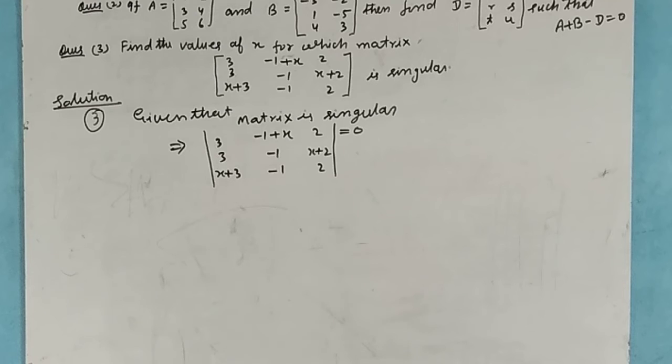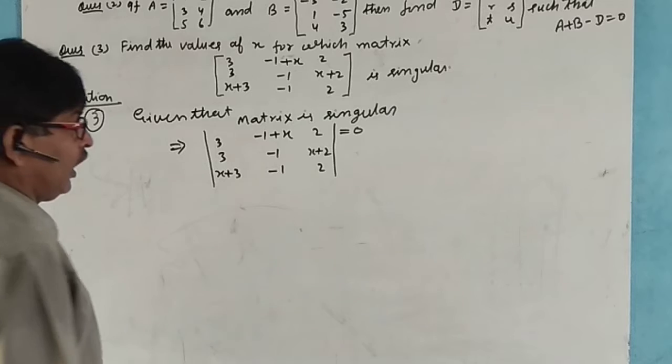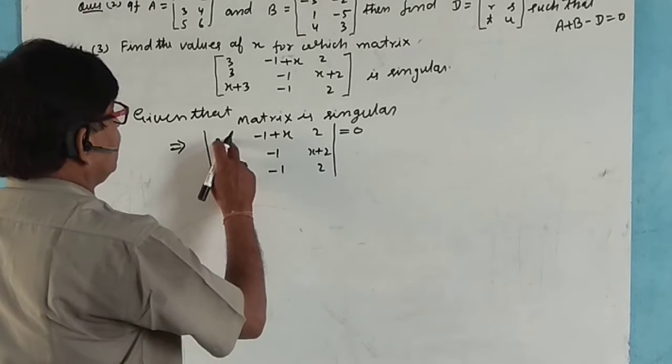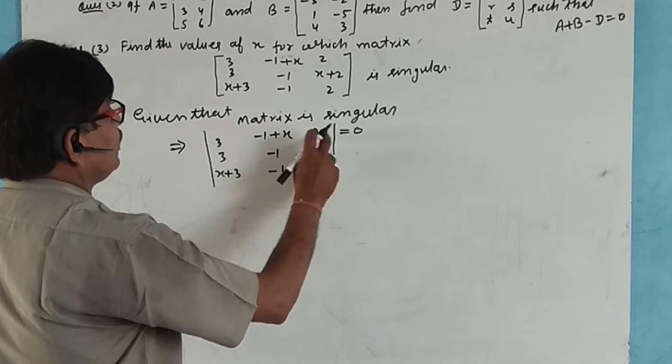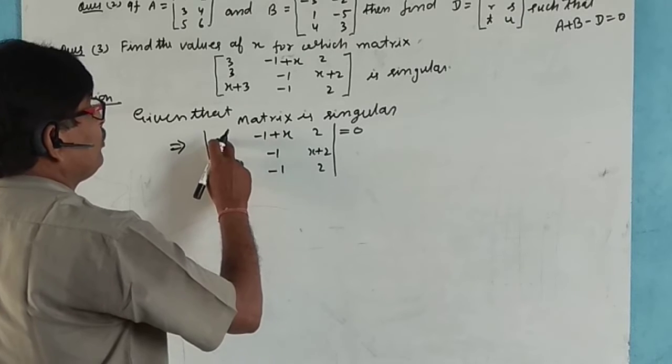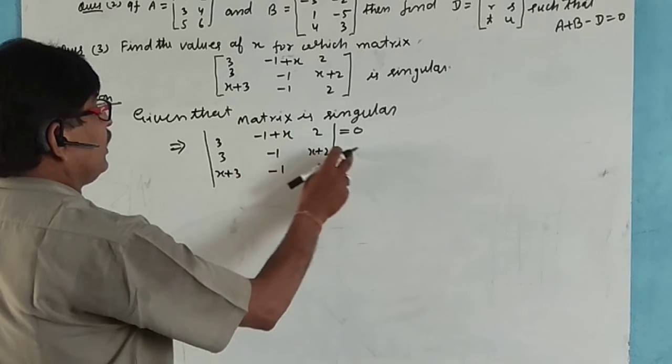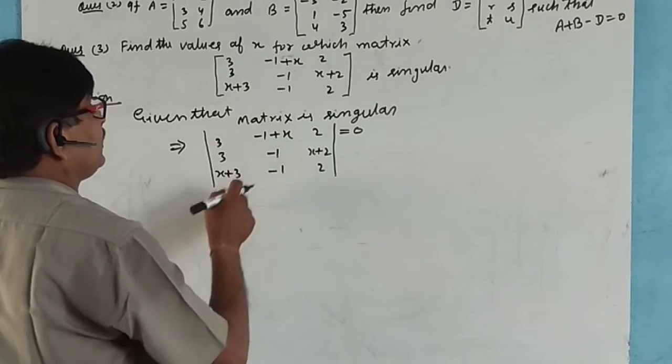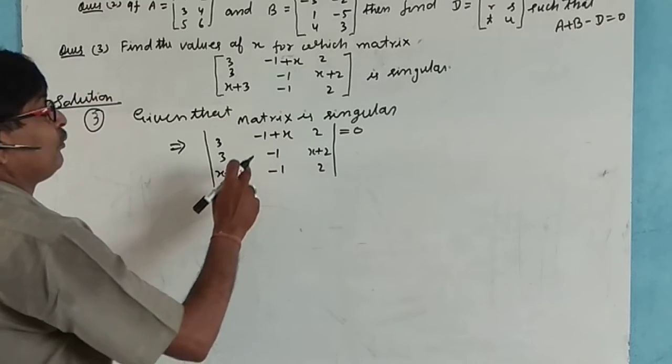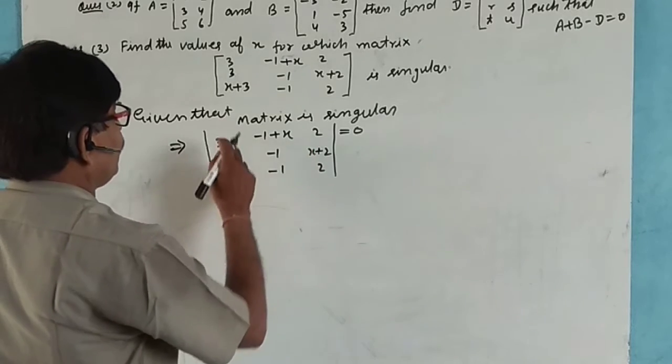Now we solve it and find the value of x. That is our answer. This is the first row, second row, third row, first column, second column, third column. So this is the first row.